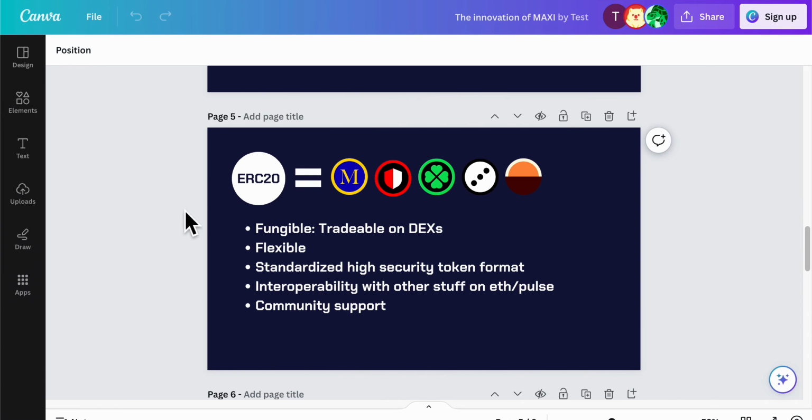So what I think the big innovation with MAXI is that it uses the ERC20 token format, and I think it's the most elegant solution because it means that the tokens are now fungible, which means that people can provide liquidity for each of the tokens and people can buy and sell them on DEXes.